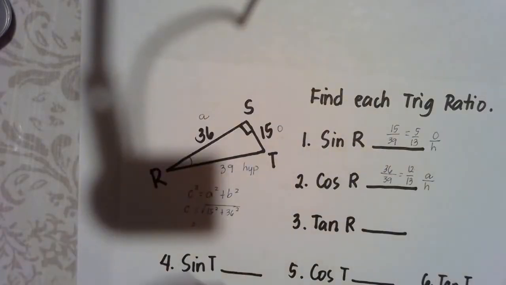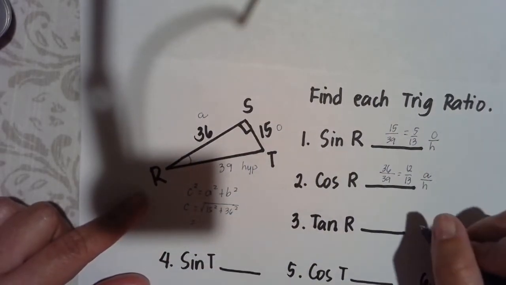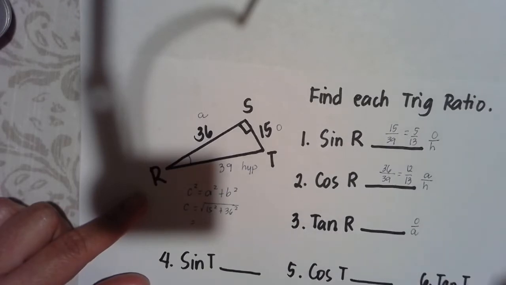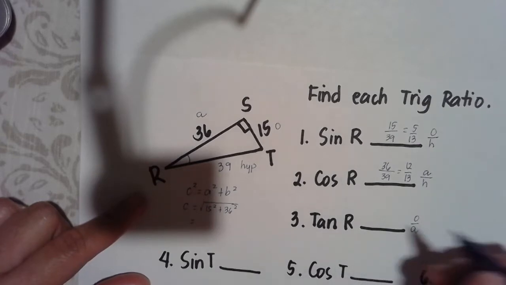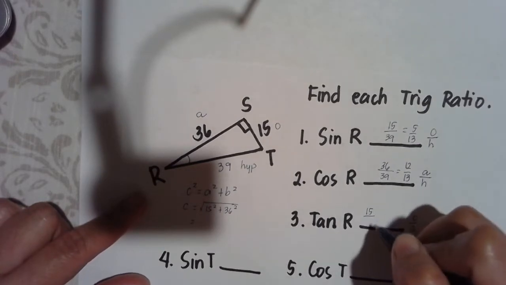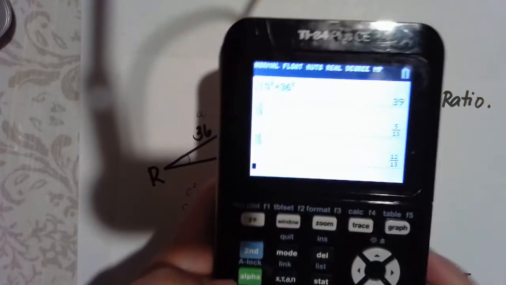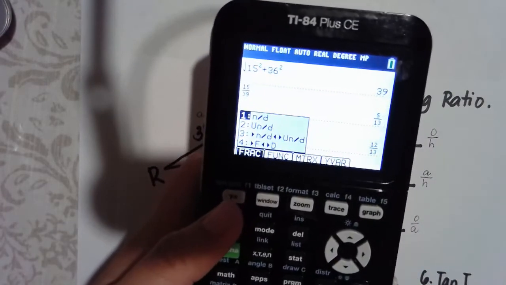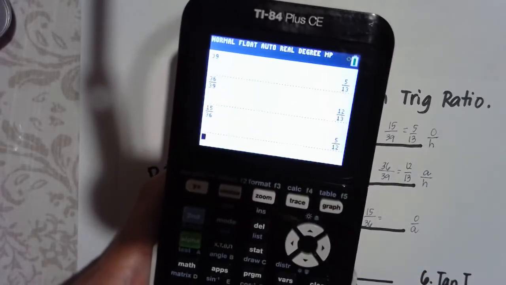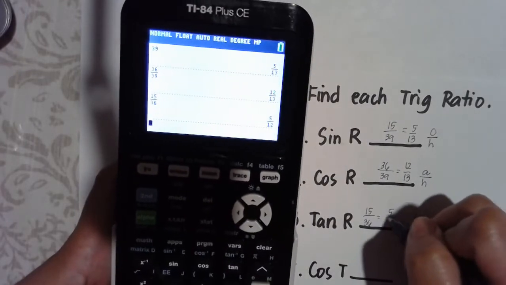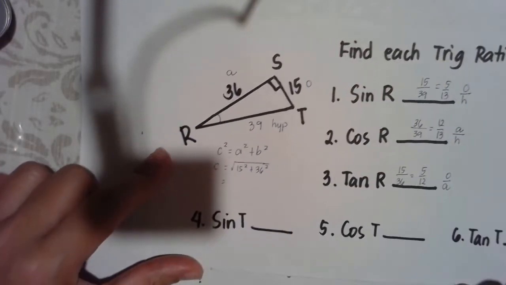Next, tangent. Tangent is opposite over adjacent, that's TOA. So that gives you 15 over the adjacent, which is 36. Let's see the lowest term of that. Alpha y equals. 15 over 36 is equal to 5 over 12.